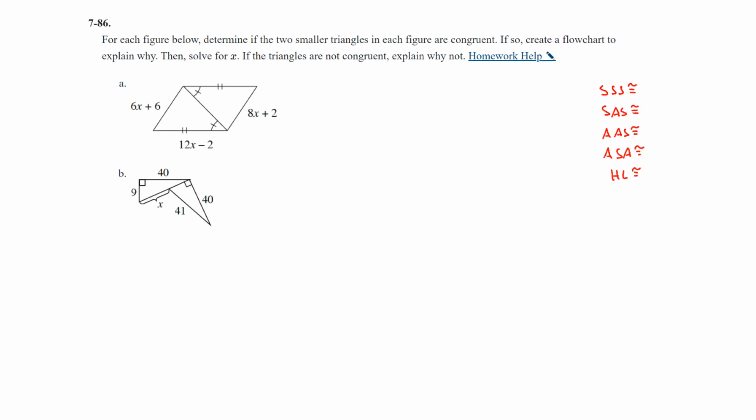So if you take a look at what we have on the first figure, we have this side length is congruent to that one. We have this angle is congruent to that other one. So right now we have a side and an angle. So if we have an angle, we need either angle, angle, side or angle, side, angle.